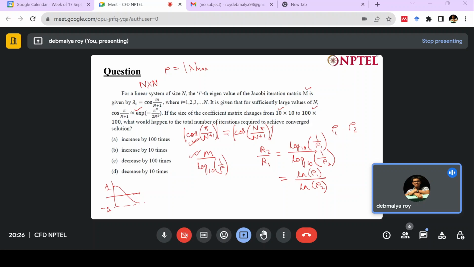So only this particular thing comes into play. So this will be our rho. Let me write it in a different color. So rho is basically cos pi by n plus 1, and since this expression is given, we would use this: minus pi square by 2n.